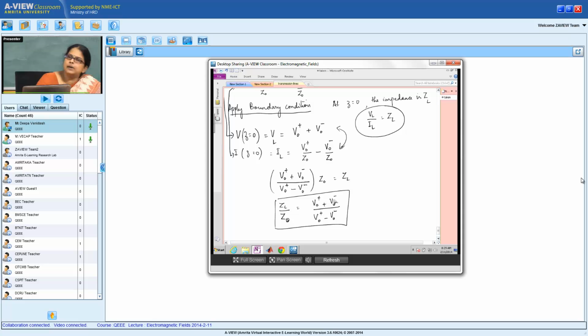Physically, what is V0 plus and V0 minus? V0 plus is the amplitude of the forward propagating wave.